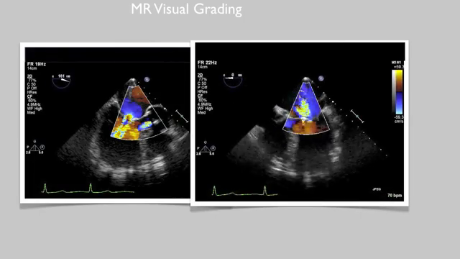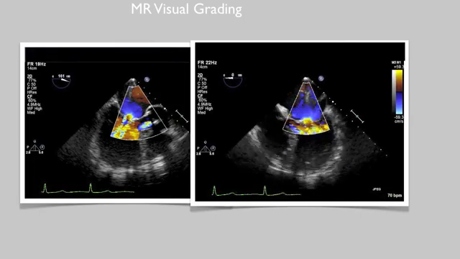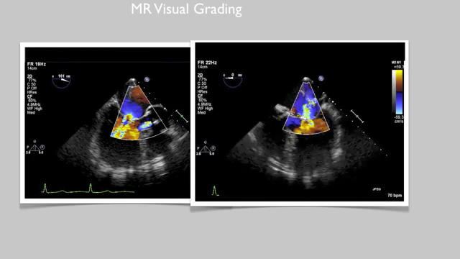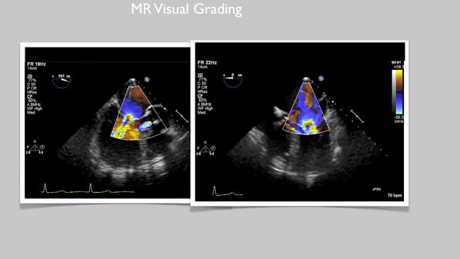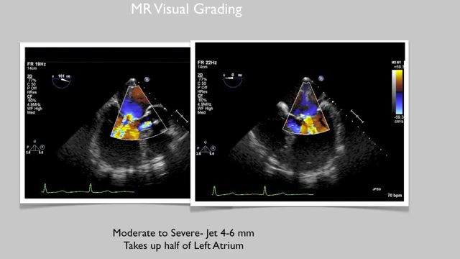The same findings can be seen both in the mid-esophageal aortic valve long axis view and in the four-chamber view. When the vena contracta is measured, it is 4.6 millimeters, suggesting a moderate to severe jet of mitral regurgitation.